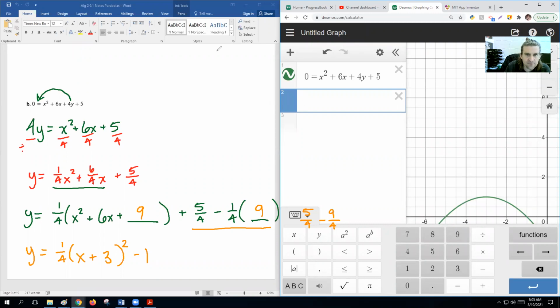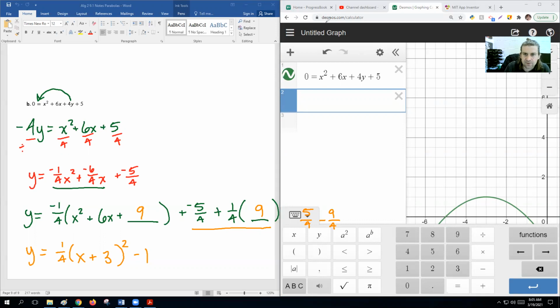When I moved that y over, that should have been a -4. And then we would divide everything by -4, which makes this a -1/4, makes that a -6/4, and that makes a -5/4. We'd factor out the negative, which would make these positive, but that would be a -5/4, and we'd have to do the opposite, which would become plus.